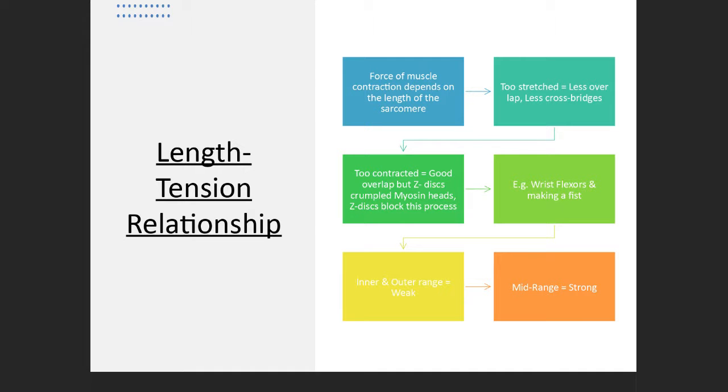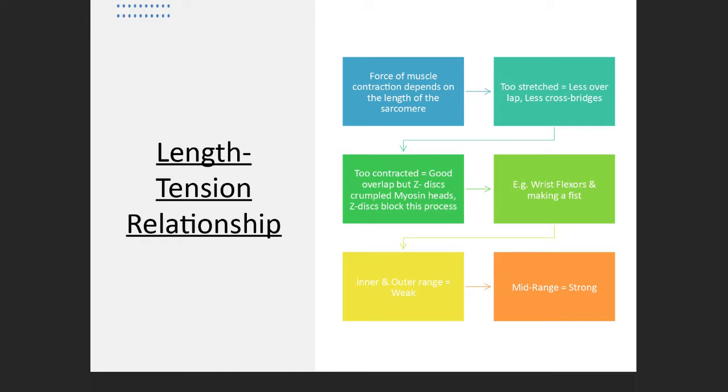Mid-range, inner range, or outer range? What is the most important range if we want to get walking as quickly as we can? What is the most important range for us to work in terms of rehabilitation?